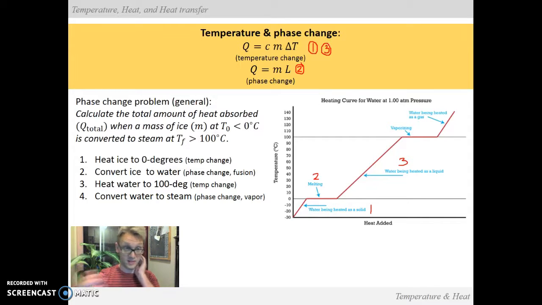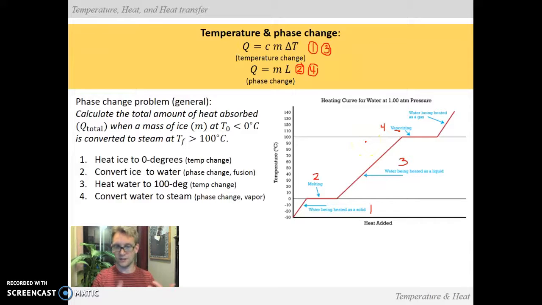And we are heating, so we need our temperature change equation. Then once all of the mass of liquid that we have is now at the 100 degrees, now we can start converting to steam. Now we can start going through the phase change, and that is number 4. So we can use our phase change equation at our vaporizing point here.